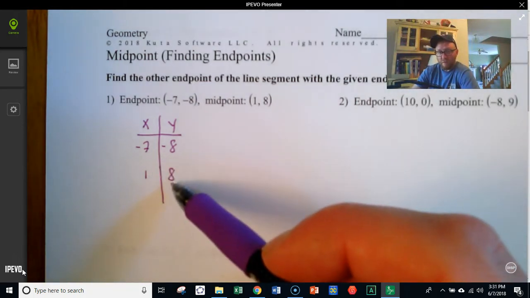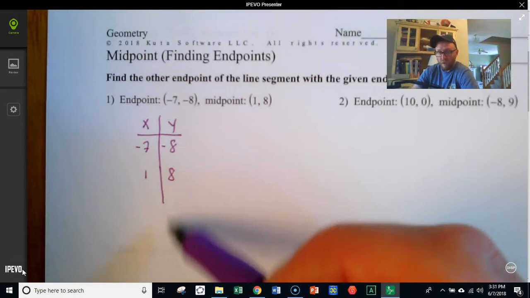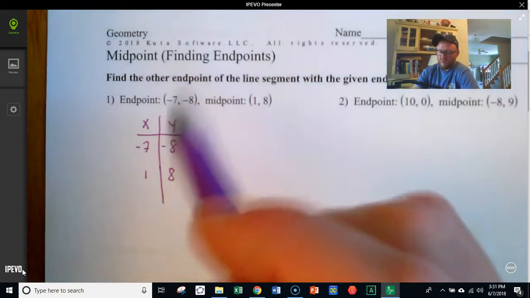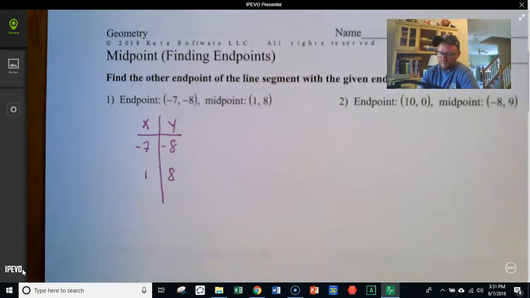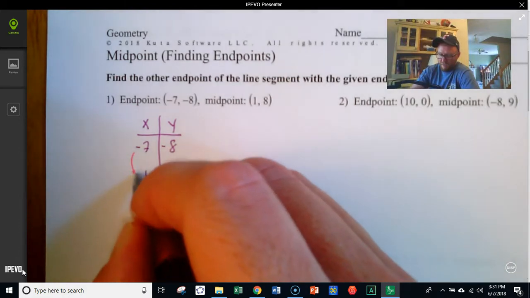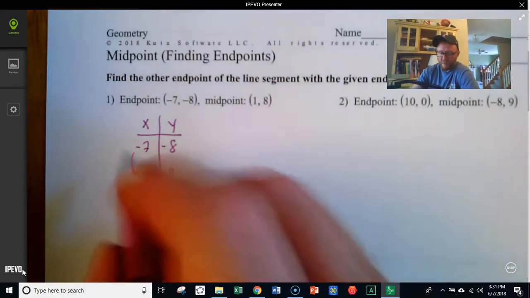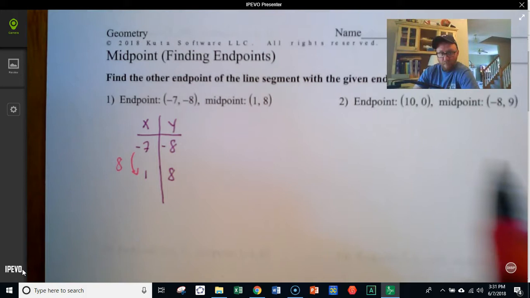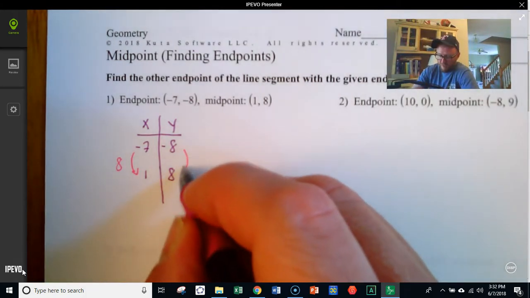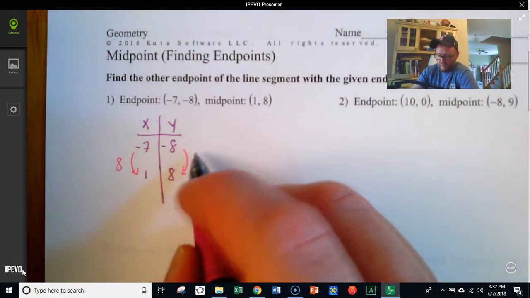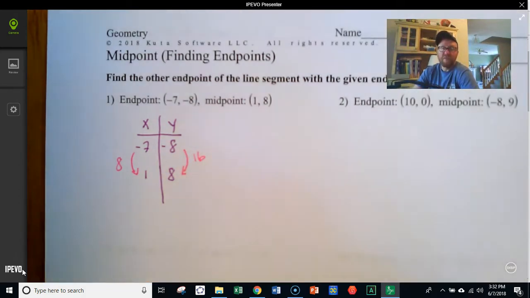The y-coordinate of the midpoint is halfway between the y-coordinates of the two endpoints. So what I have to do is see how far it is from -7 to 1, and that's 8. And then how far it is from -8 to 8, and that is 16. So then I just need to continue and do that again.